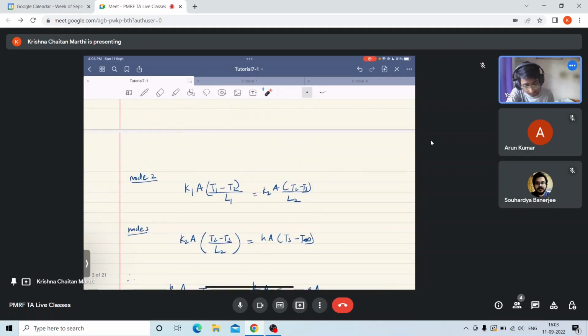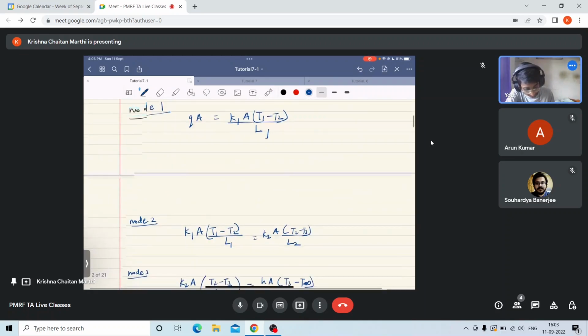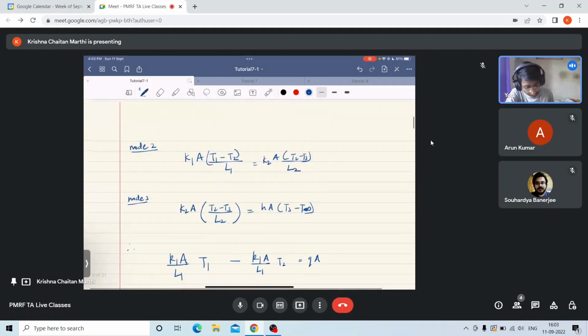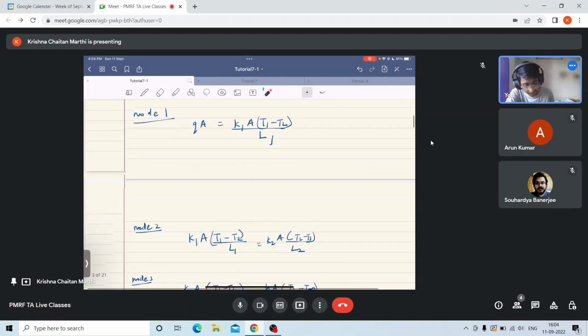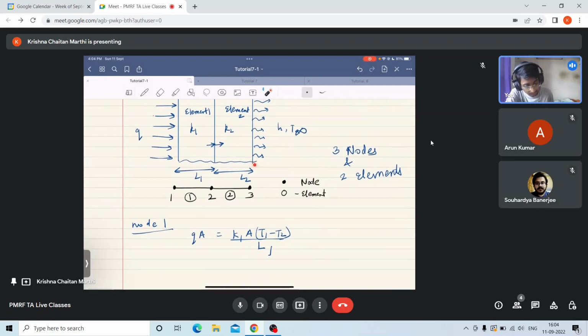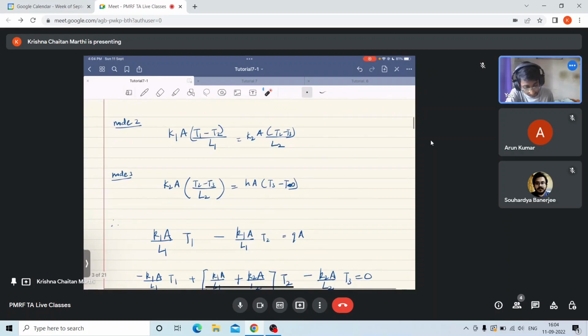For node 2 I have an interface condition, that is, the heat flux from this end is equal to the heat flux from the other end. Both these heat fluxes are equal, so k1 A (T1 minus T2) divided by L1 will be equal to k2 A (T2 minus T3) divided by L2. Similarly for node 3, we write the energy equation: k2 A (T2 minus T3) divided by L2 equal to h A (T3 minus T infinity).